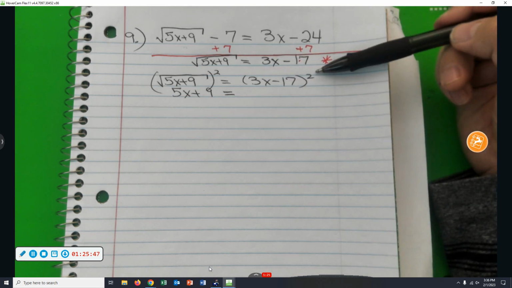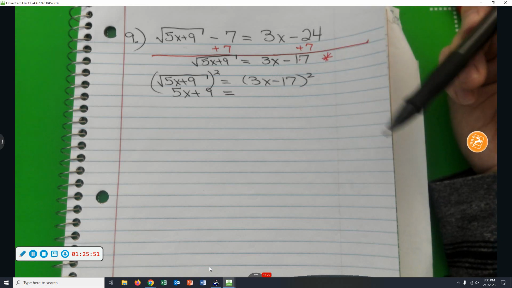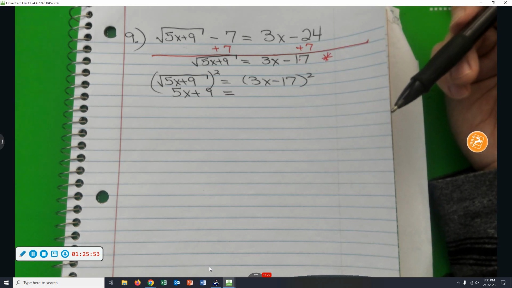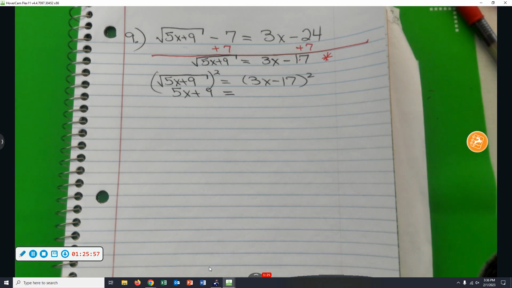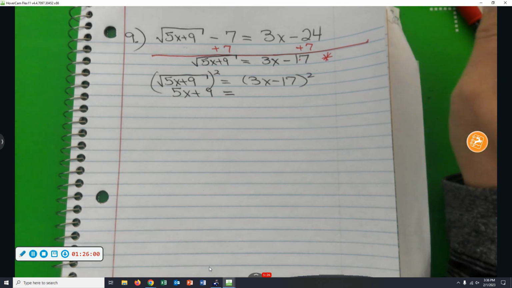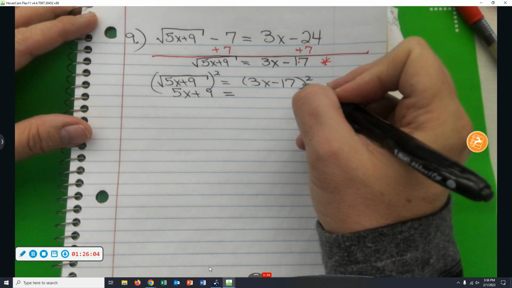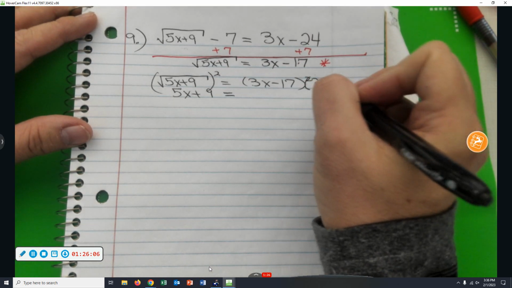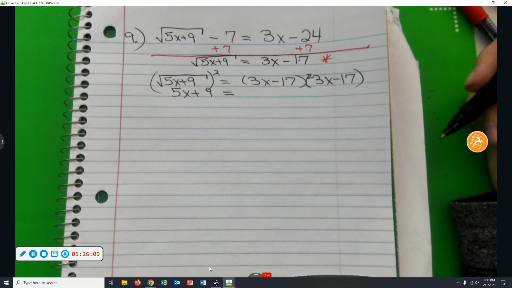We had two terms being squared. You keep... double, so 3 times 3 and then 17 times 17, right? No, that's what you can't do. Write it twice and FOIL. Good. That means you have 3x minus 17 twice: 3x minus 17 times 3x minus 17.